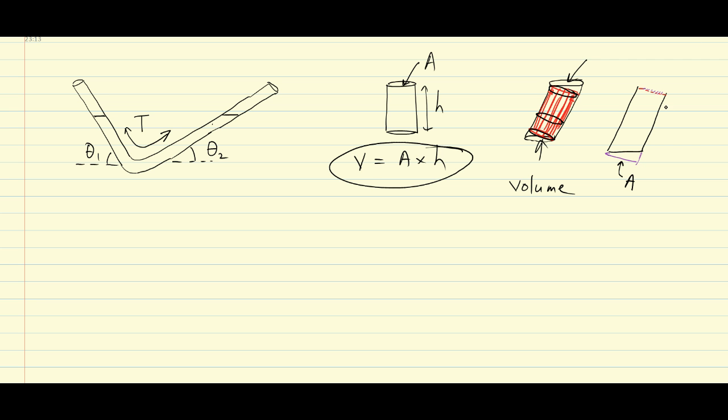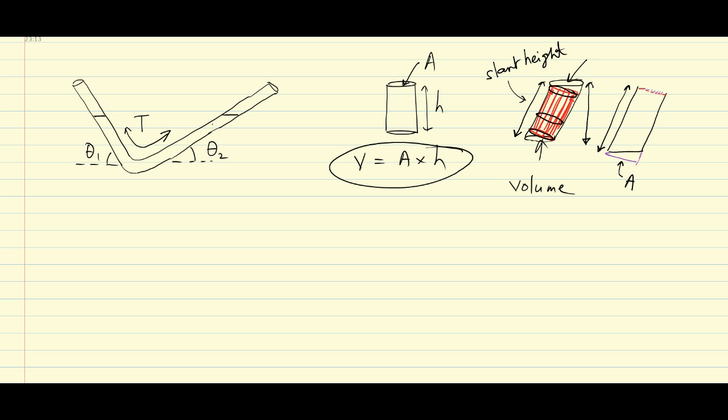So this A, when I multiply it by this length, which in the original picture corresponds to this length. Now that's not the height. Usually the height would be, you would call this the height. So you could call it the slant height.